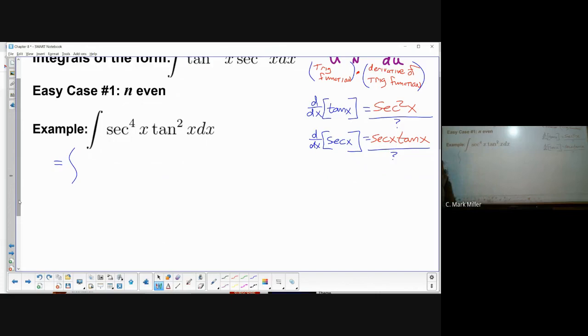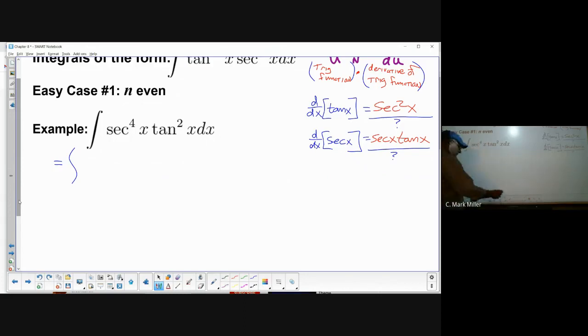The problem is, how do you integrate secant to the sixth or secant to the fourth? In order to integrate secant, I need a tangent. Now I know secant to the first power, but secant to the fourth power, so when secant is to an even power, peel off a secant squared.